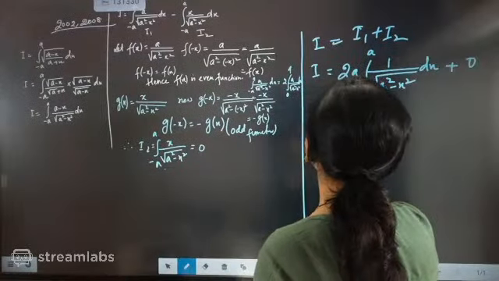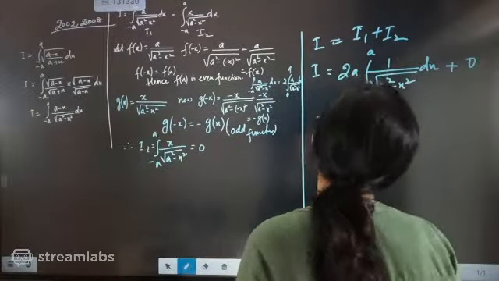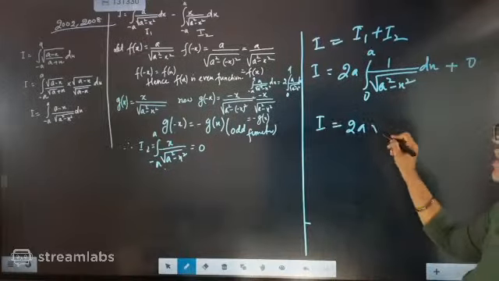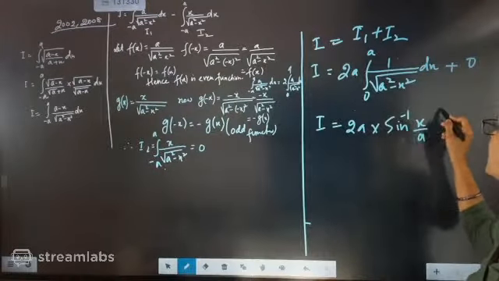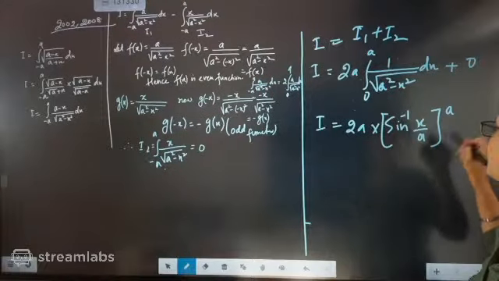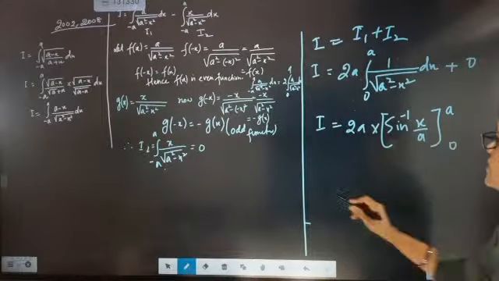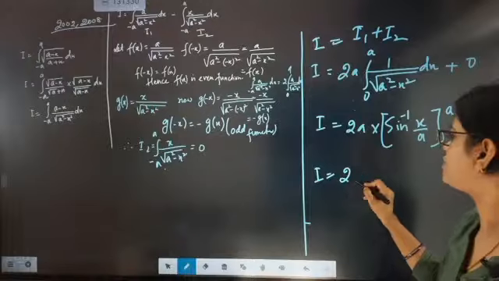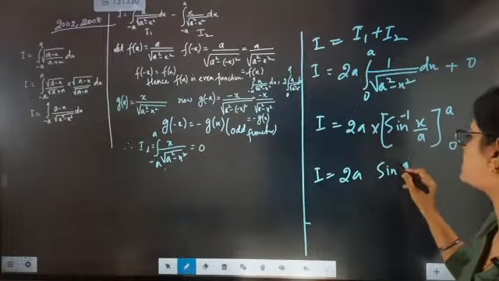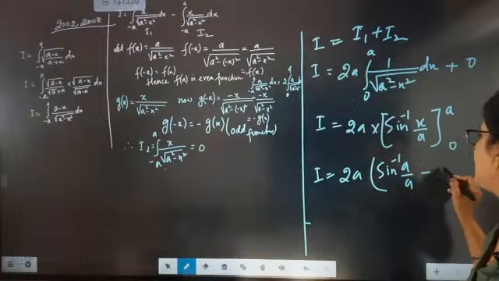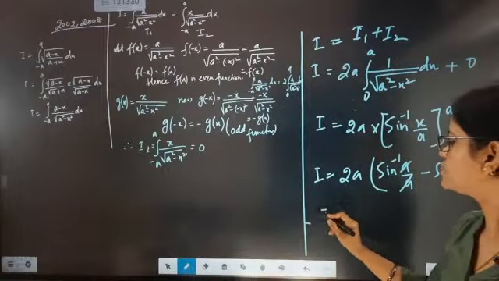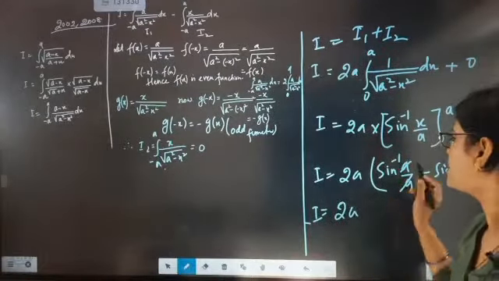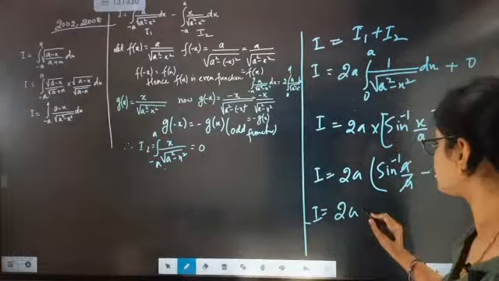Now only one small work is there, that is direct formula implementation: sine inverse of x by a, upper limit a, lower limit 0. So this is going to be sine inverse a by a minus sine inverse 0 by a, this is going to cancel. So I will be equal to 2a, sine inverse 1 is pi by 2.